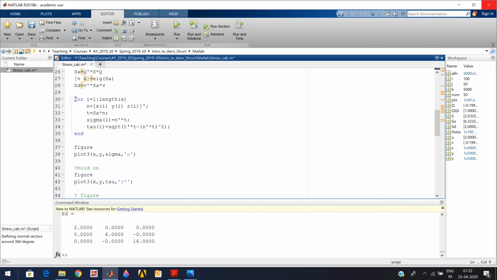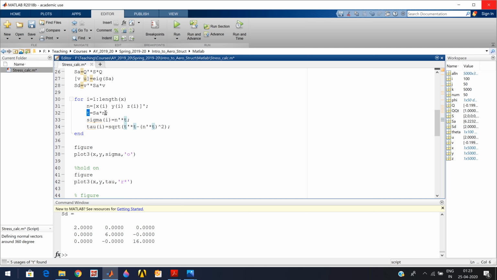Now for each of these unit vectors which I have defined, for each of the data points on the sphere, we'll define n as the vector defined by x, y, and z, and then the traction vector for that vector is SA times n.